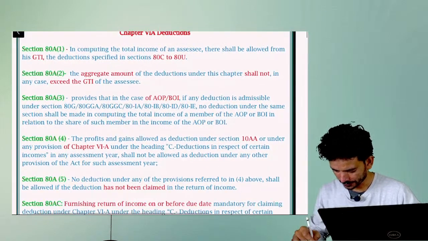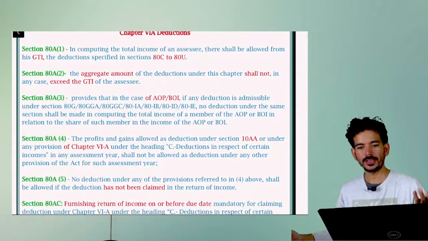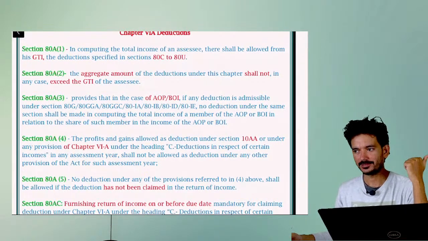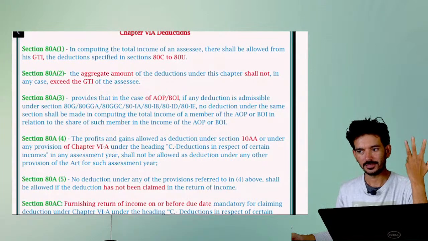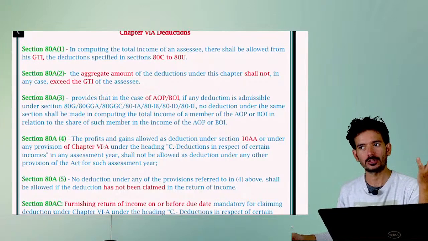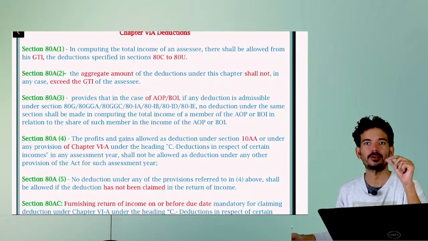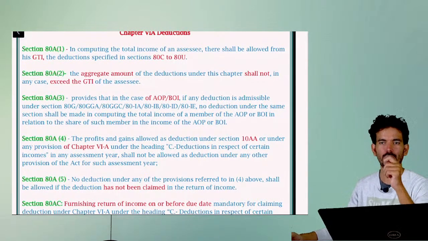I will continue. You're already aware that we have 5 heads: salary, income from house property, PGBP, capital gain, and other sources. All 5 combined, we call the gross total income. From the gross total income, we have the chapter 6A deductions from section 80C to 80U.